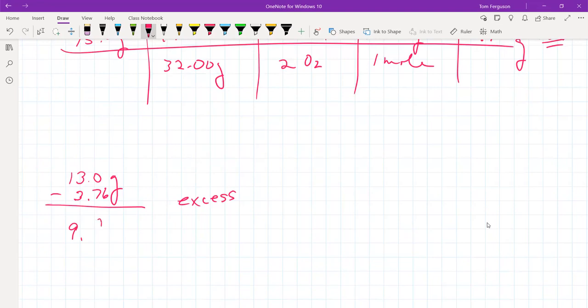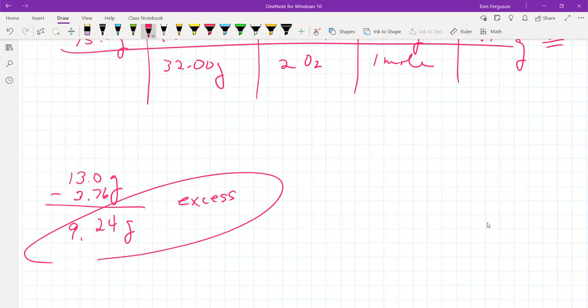What is it? 24. So we're going to have 9.24 grams left over or excess. So that's the four calculations you have to make. Three of them are kind of stoichiometry problems, and the last one is a simple subtraction.